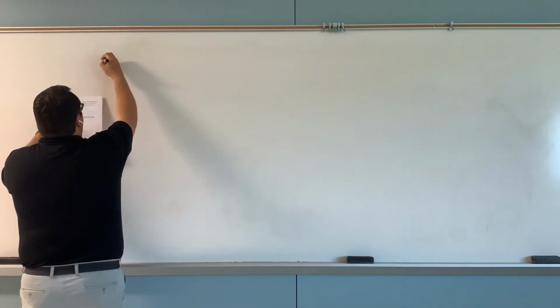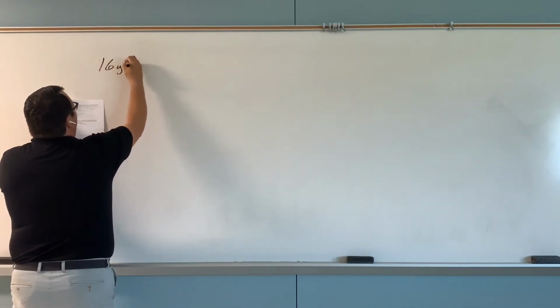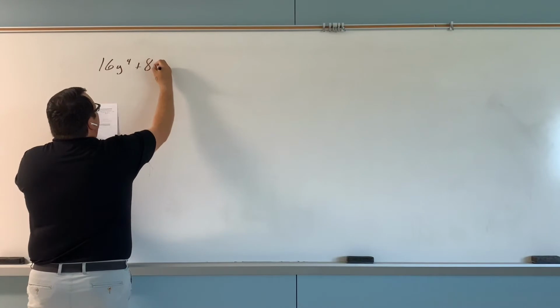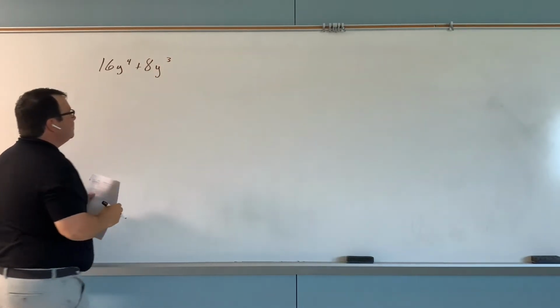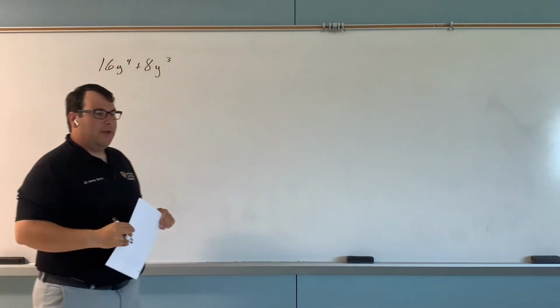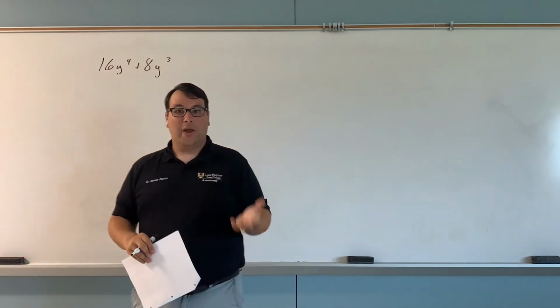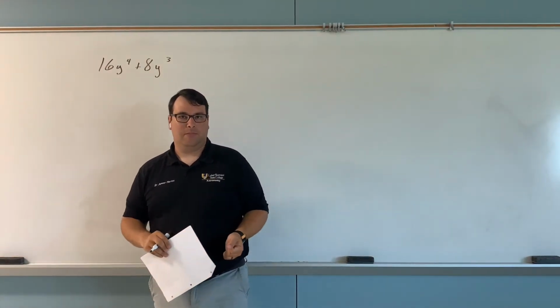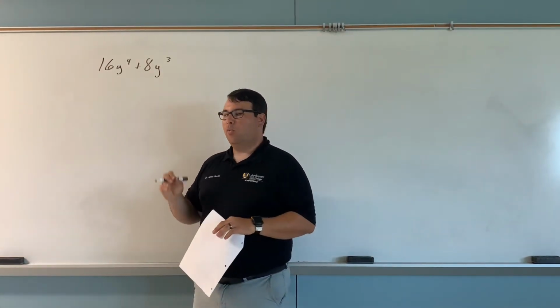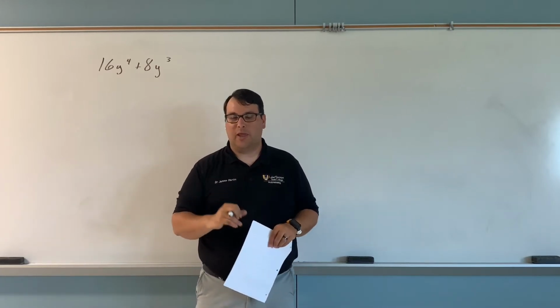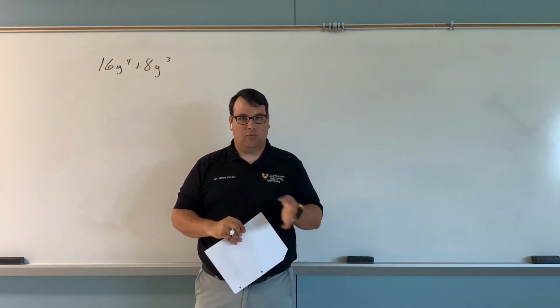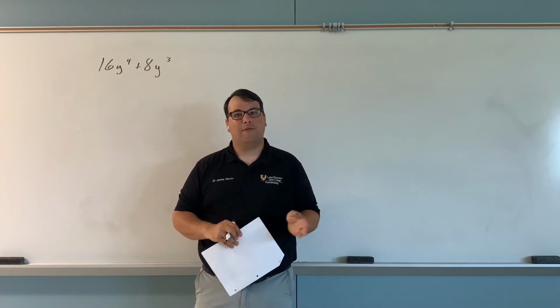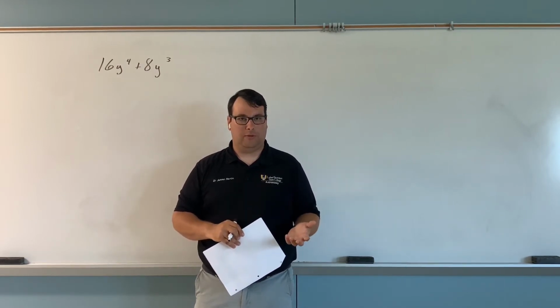The first example that I have is 16y to the fourth plus 8y cubed. When I'm talking about the term greatest common factor, what I'm looking at is what numbers, coefficients, and what variables, the greatest number of those, that I can pull out from all terms of my polynomial.